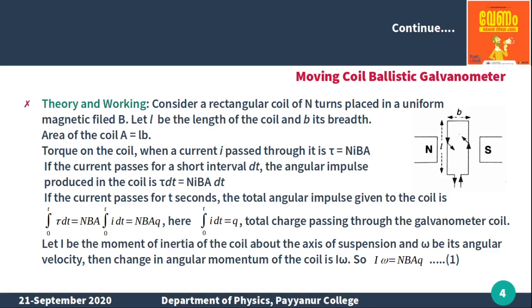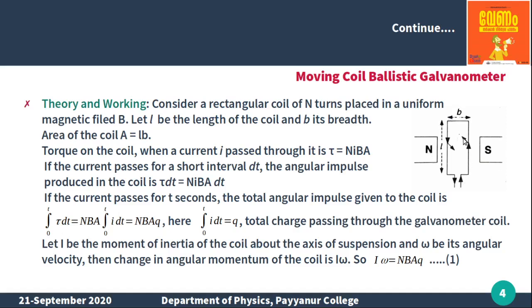So the total angular impulse given to the coil, due to the current passing through it for a time period of t, you just integrate from 0 to t. The integral of tau dt from 0 to t gives the total angular impulse given to that coil for t seconds. N, B, A are constants related to the field that we applied.